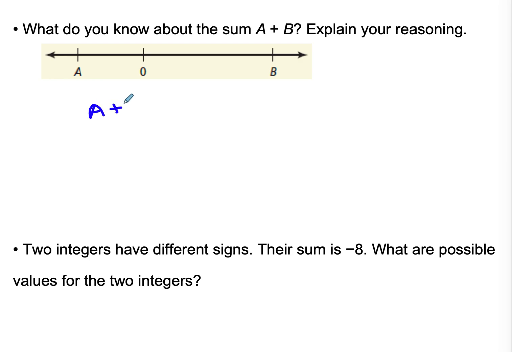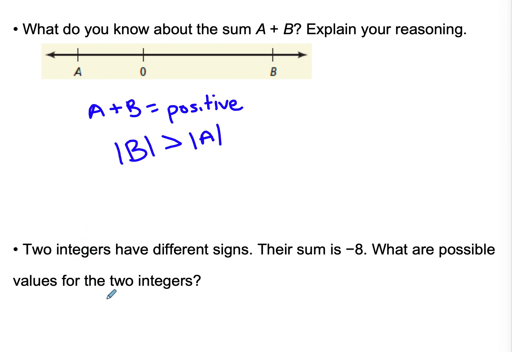A plus B is going to be a positive number. And that's because the absolute value of B is greater than the absolute value of A. And I can see that by the distance here. The distance is bigger here, so that's going to be more positives than negatives. Our answer is going to be positive.